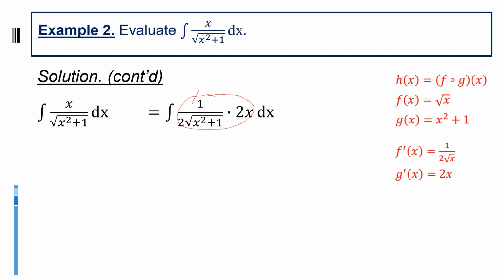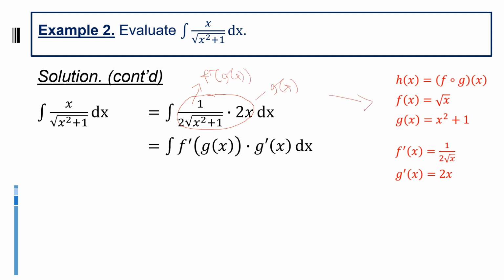This is just f prime of g of x, and this is now g prime of x. Galing dun sa example natin kanina. Therefore, pwede nating ilagay na integral of f prime of g of x times g prime of x dx. And we know that by theorem 1, eto yung ating formula.